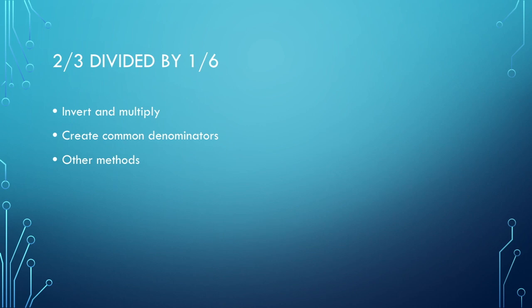That makes 6 triangles total. Okay? So 6 minus 2, because one of the sections is shaded. We have 4 triangles left. So you have 4 1/6 in 2/3. So, hey, there you go.